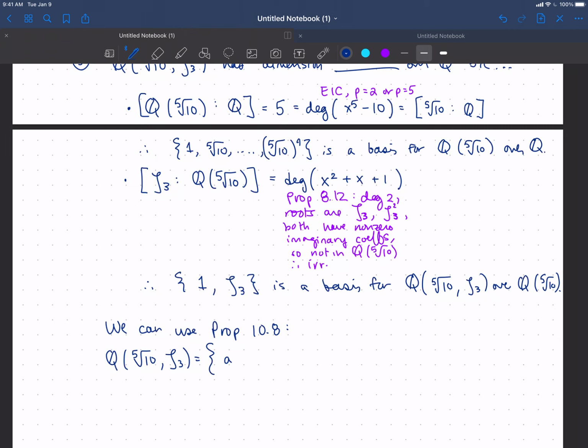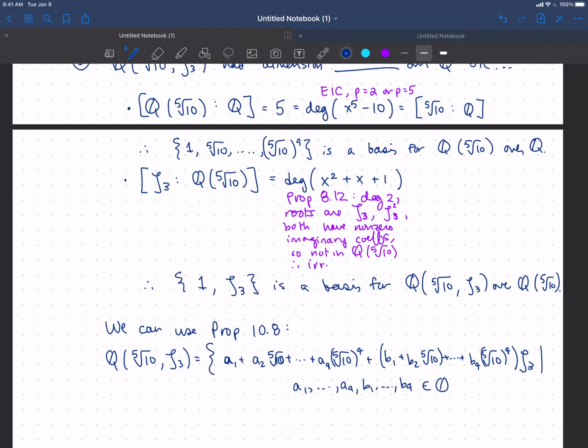Let me give them some subscripts here. a1 plus a2 fifth root of 10 plus blah, blah, blah, plus a4 fifth root of 10 to the fourth, plus, and then b1 plus b2 fifth root of 10 plus blah, blah, blah, plus b4 fifth root of 10 to the fourth times zeta 3, where a1 through a4, b1 through b4 are in Q.